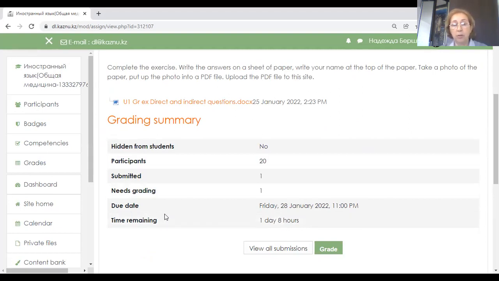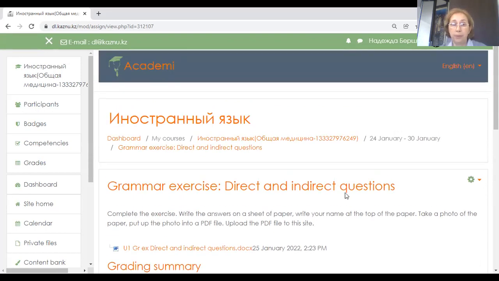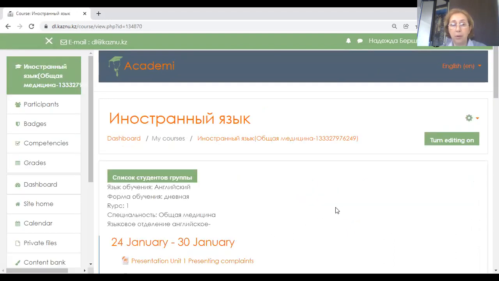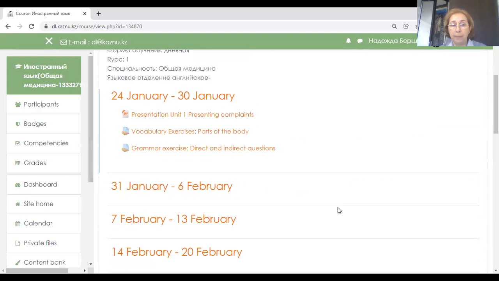You shouldn't miss the deadline. You see that 1 day, 8 hours, this is the time remaining till the deadline. So these are the tasks that you should complete. This is the home assignment. Do you have any questions?